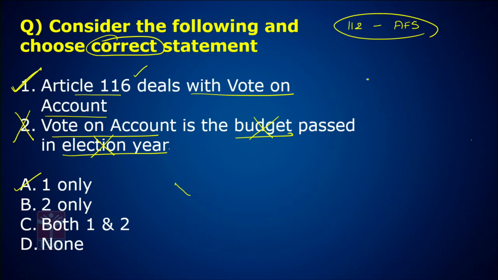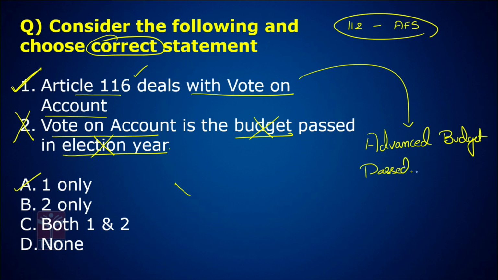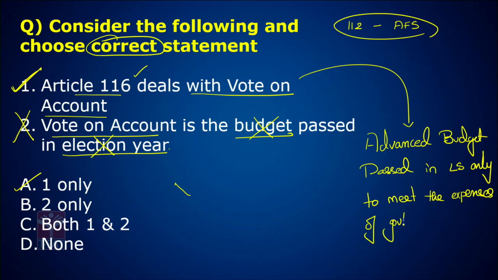Vote on account is the advance budget passed in Lok Sabha only to meet the expenses of government till the budget is passed.